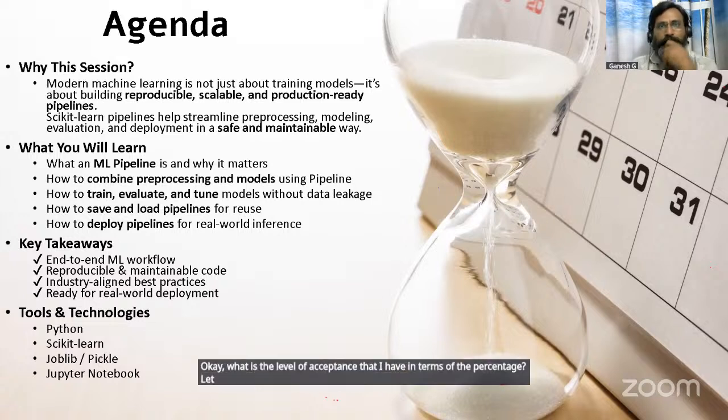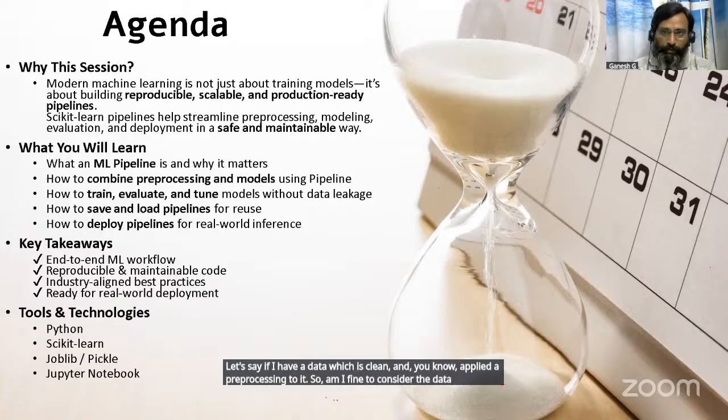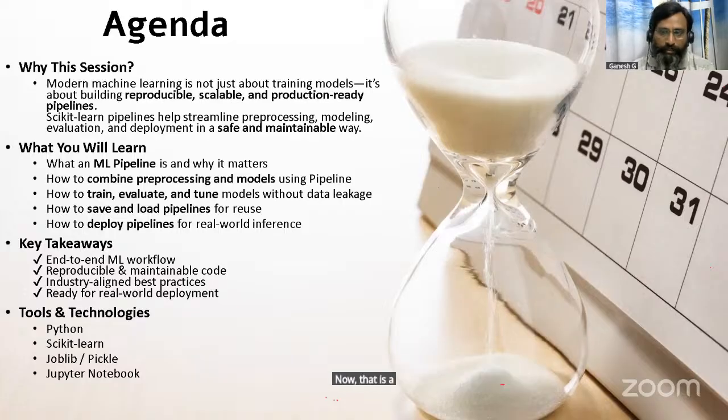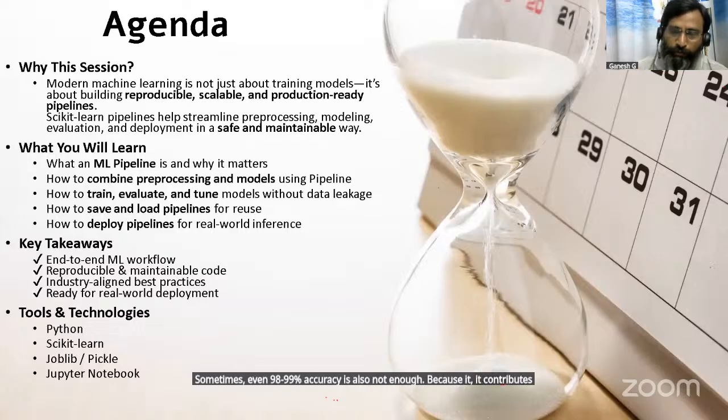Let's say I have data which is clean and I applied pre-processing to it. Am I fine to consider data which is 50% accurate? That is something that you need to decide. What is the level of acceptance that I have? Sometimes even 98, 99% accuracy is not enough, because it contributes to your further processing as well.